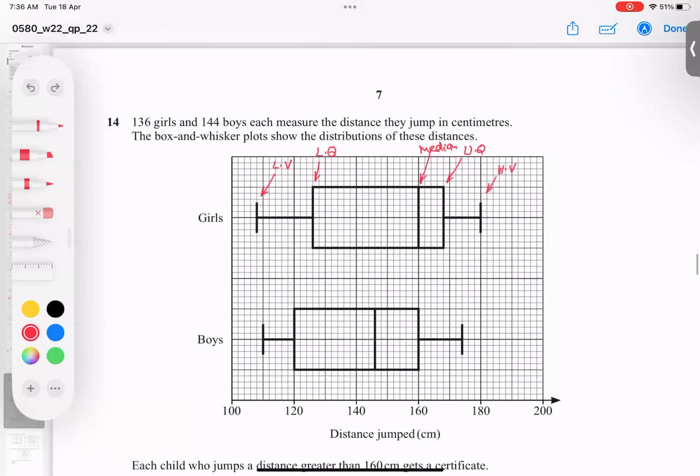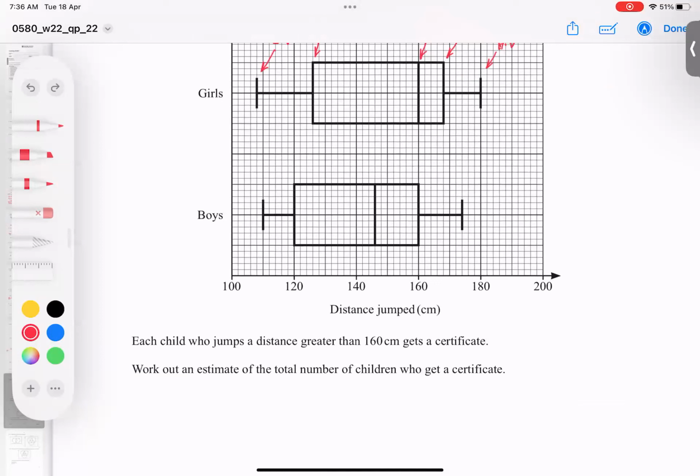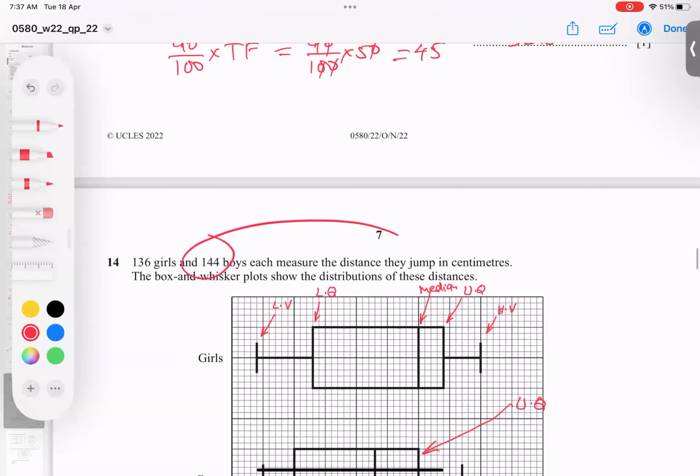He's asking us that each child who jumps a distance greater than 160 centimeters gets a certificate, like 160 or more. 160 is here. Now let's see, for boys, this number is called the upper quartile. For your knowledge, the gap from here is 25%. So 25% of 144.